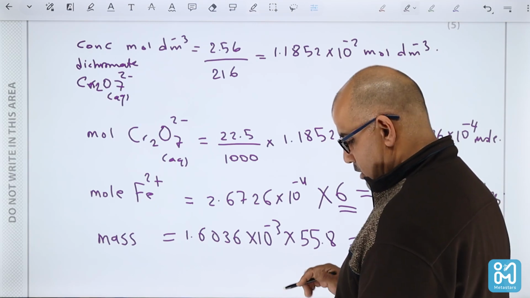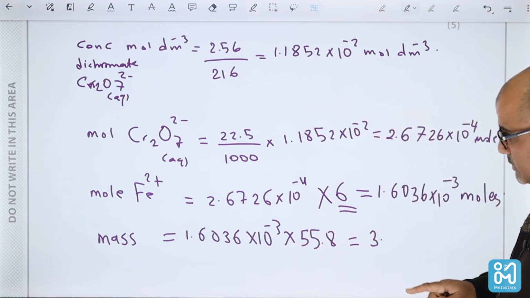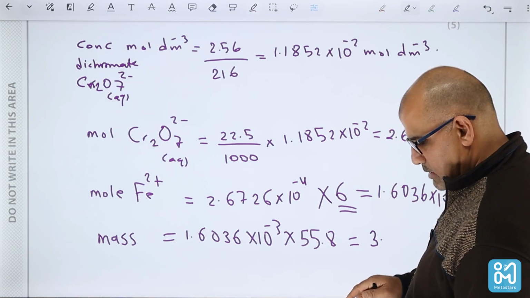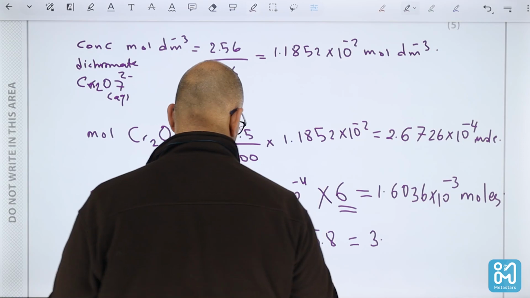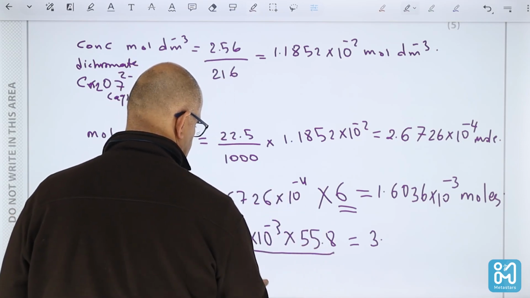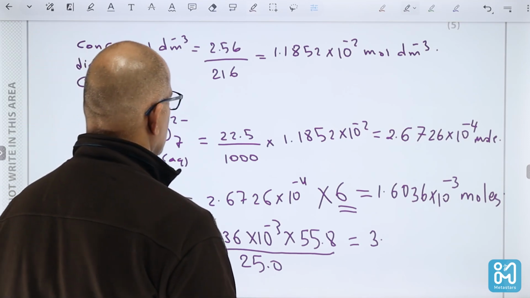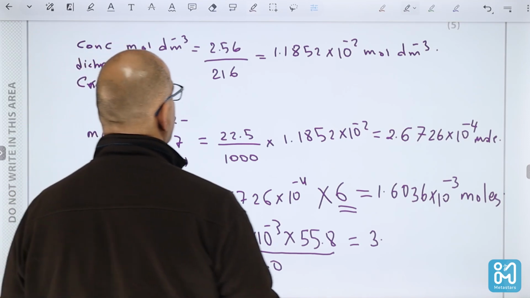First of all, we found the number of moles, and here the mass is 55.8 over the 25, since it's the volume of the solution.